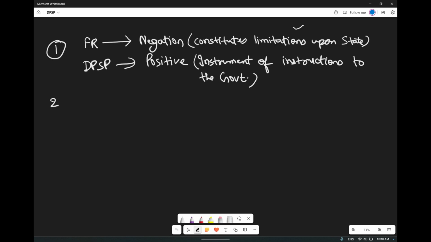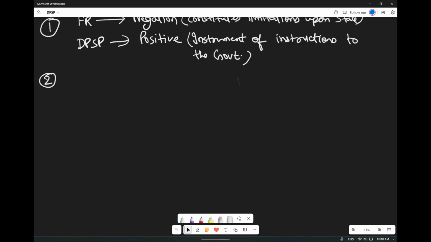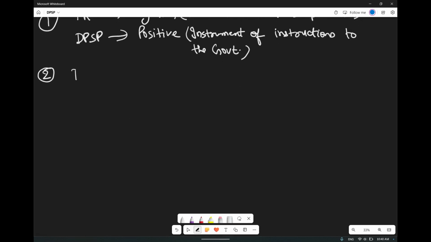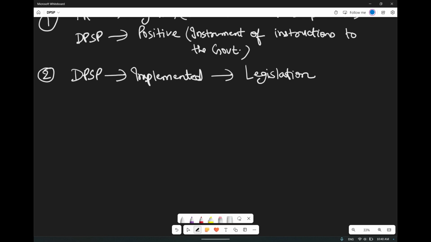Now another aspect: directive principles are implemented by legislation. By the legislature, whatever laws they want to pass have to be passed through the Parliament or through the state legislature.